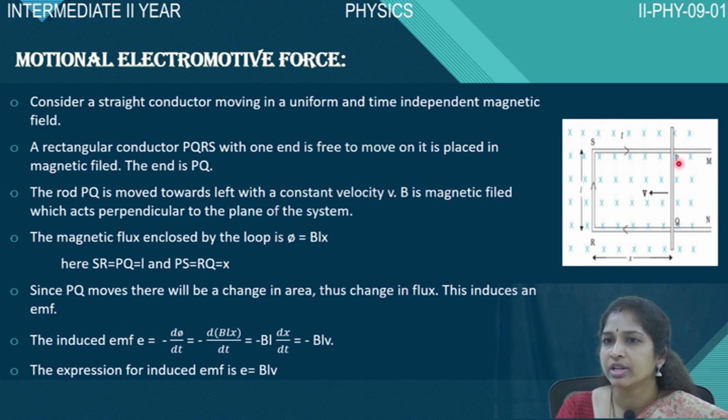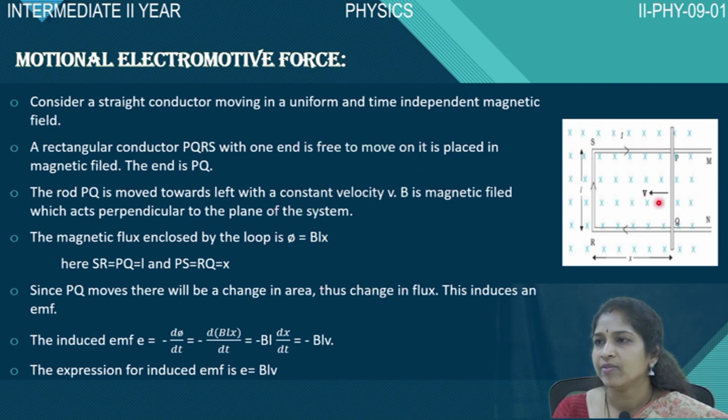So this rod PQ is moved towards the left with a constant velocity v. When this rod is moving towards the left with a constant velocity, for the next instant of time, this one side of the rectangular conductor will not be here.